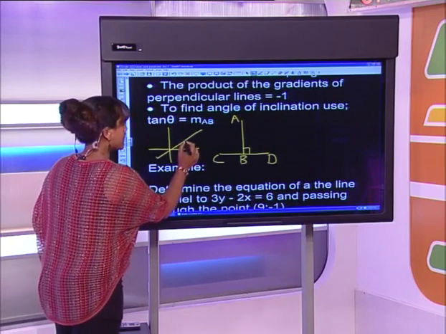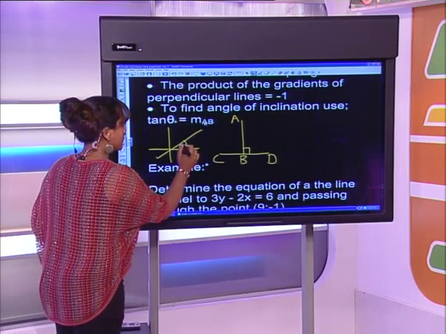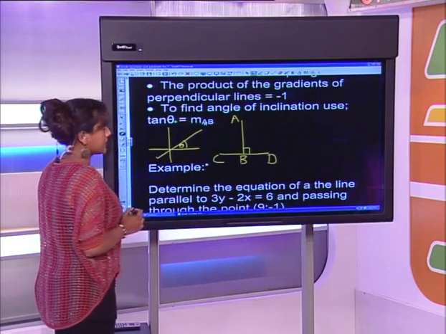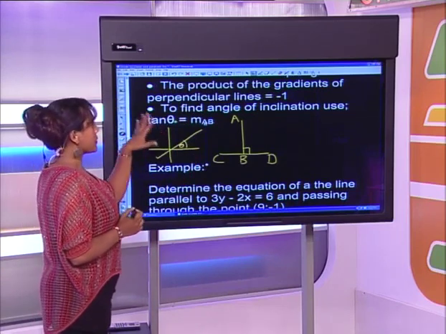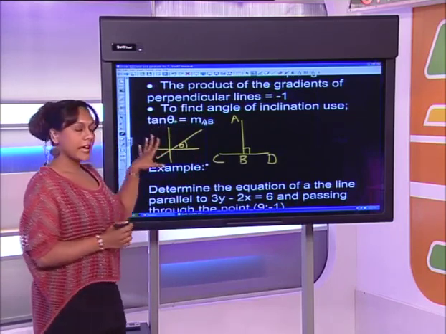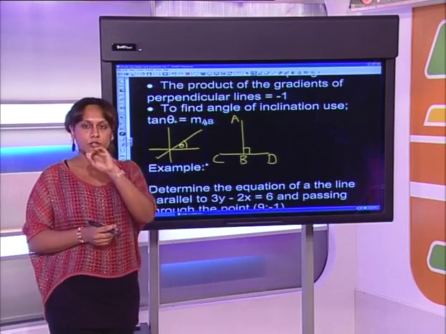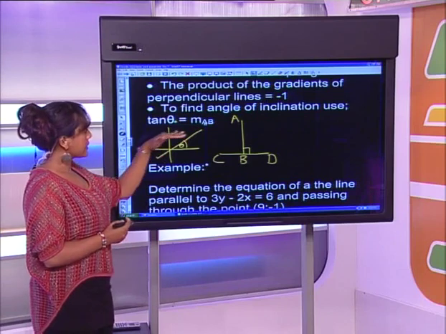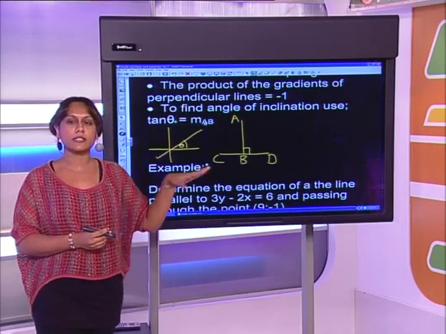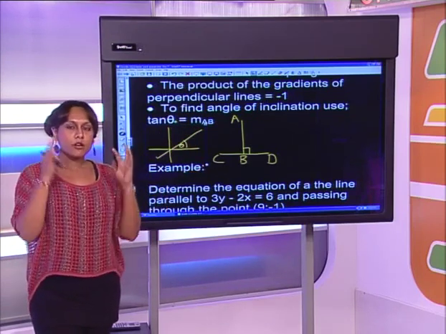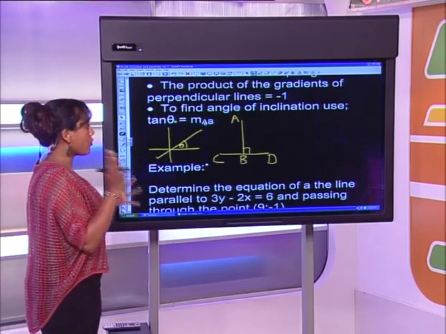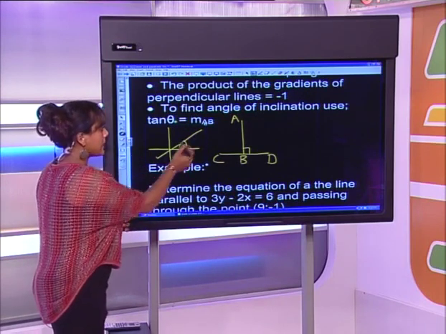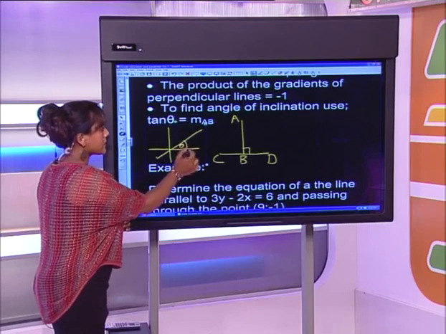If I want to find the angle of inclination, that angle theta, all I've got to do is say that tan of theta is equal to the gradient of this line. So whatever the gradient of this line is, I equate tan of theta to that gradient and then solve for theta. Remember, your angle of inclination is always the angle that the line makes with the positive x-axis.